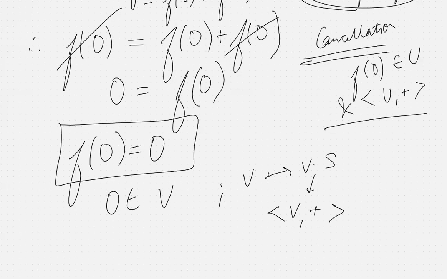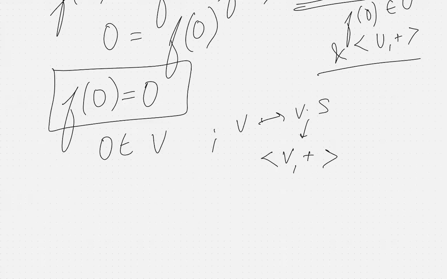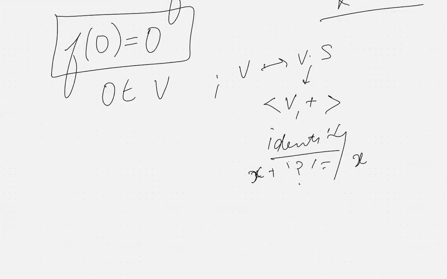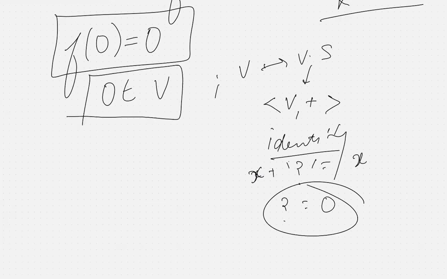Out of them, we have identity. What does the identity say? That there is some element that is being added and we get the same element. And we know that this element should be 0. So 0 is the additive identity. 0 will always be present in the vector space. And for that 0, the image inside the codomain would be f of 0.